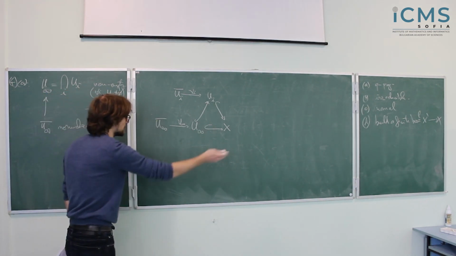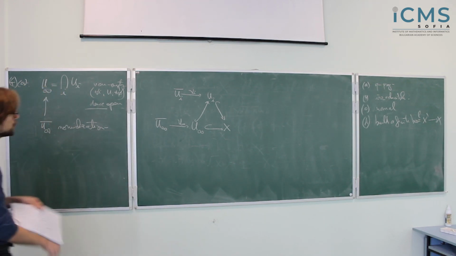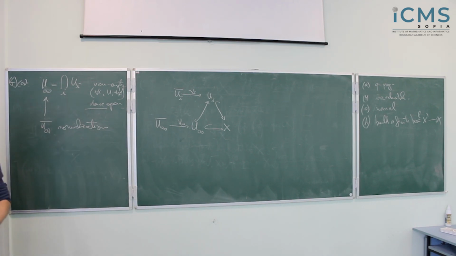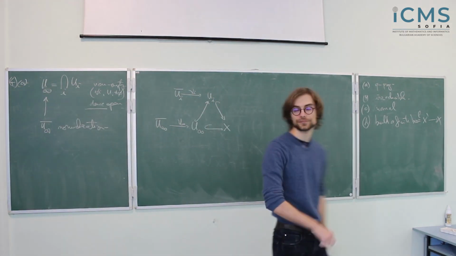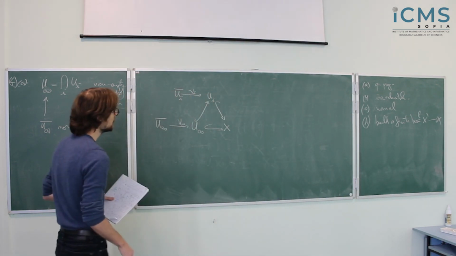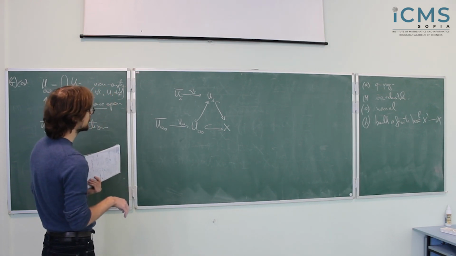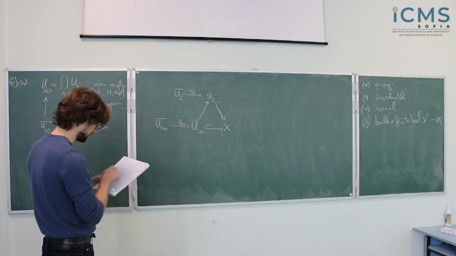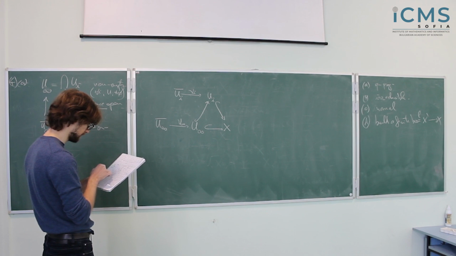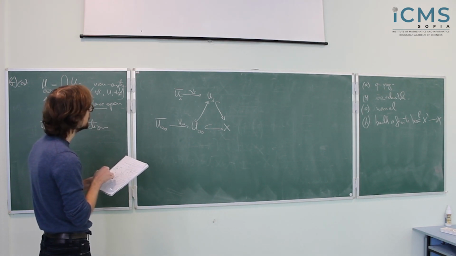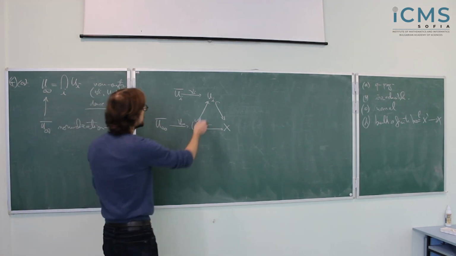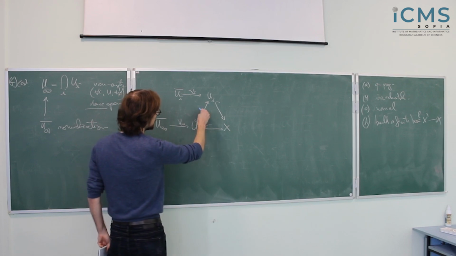That's the intersection. Now, how do I establish a morphism between the two? Well, this is where the universal property comes into play. We remember that this is a dominant morphism, even a birational morphism.